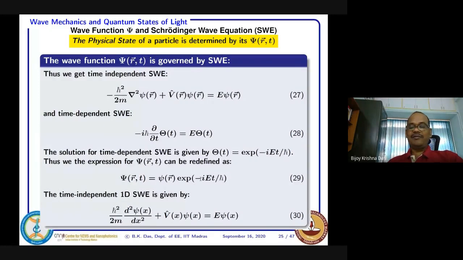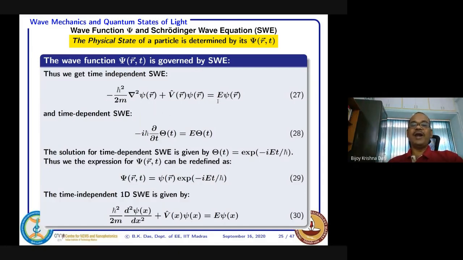But nevertheless, this energy is considered as a constant. Even though it is h cut omega, that omega you have to find out. That energy you have to find out, you have to solve for it. So you solve equation 27 simultaneously as a so-called eigen equation.